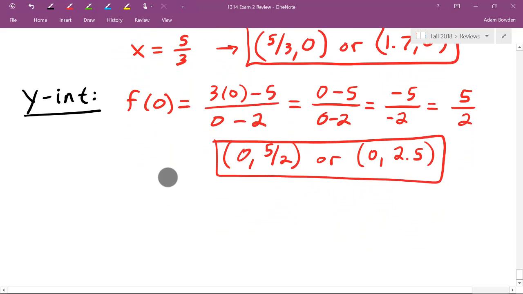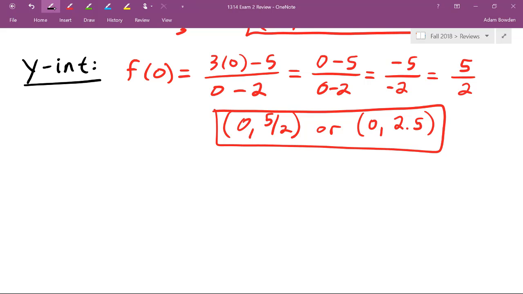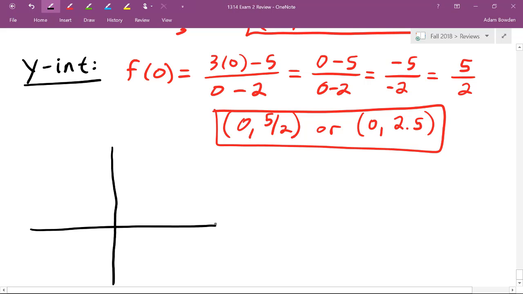Alright, now we have what we need to draw a graph of this one. We start by setting up our vertical and horizontal asymptotes. Our vertical asymptote was again at positive 2, x equals positive 2. So it looks just like this here.